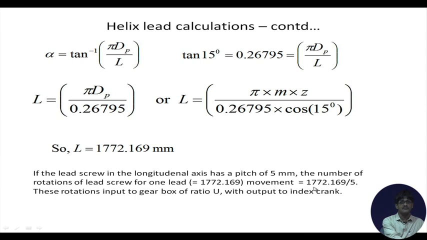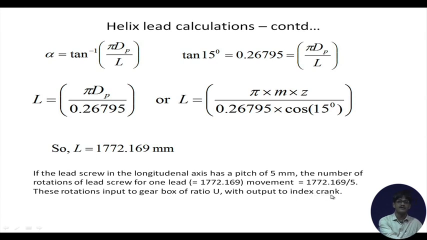So, that is equal to 1772.169 divided by the pitch of the lead screw. Now, what is the pitch of the lead screw equal to? That we are providing you. If the lead screw in the longitudinal axis has a pitch of 5 millimeters, we get this as the number of rotations of the lead screw. That is good. These rotations are input to the gearbox with ratio U, with output to the index crank.